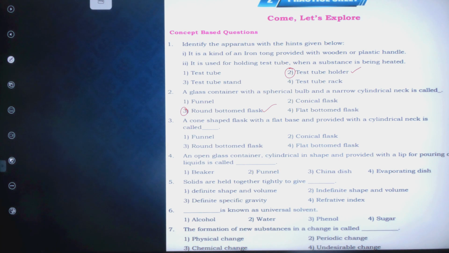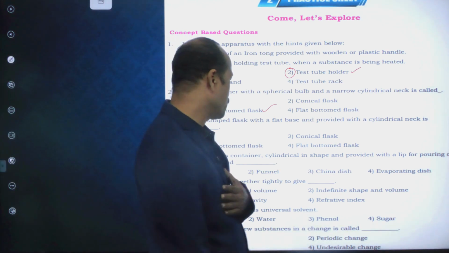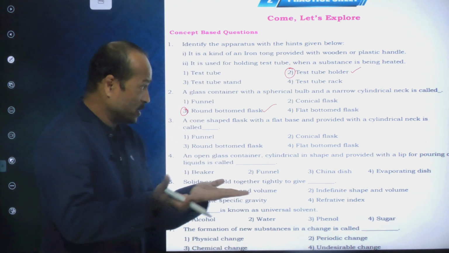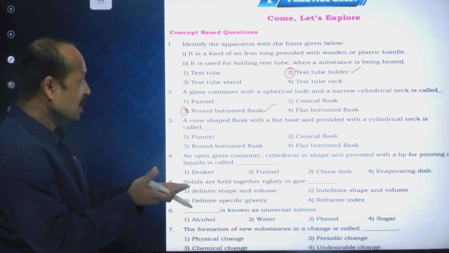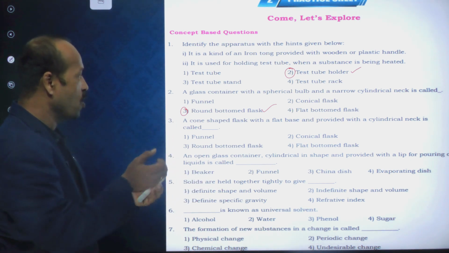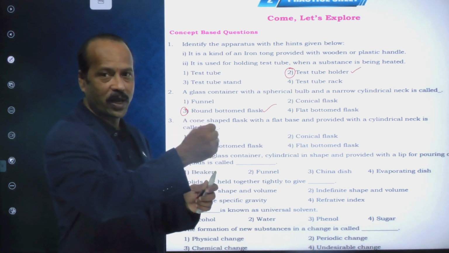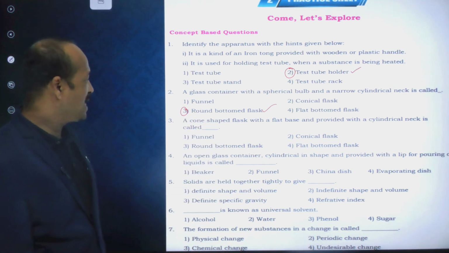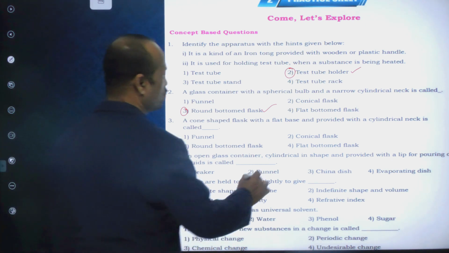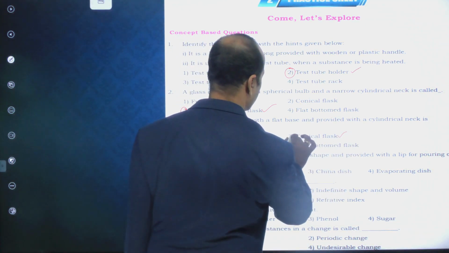Next, a cone shaped flask with a flat base, provided with a cylindrical neck to hold and shake it. What is that? Funnel, conical flask? So the answer is conical flask, right, students?